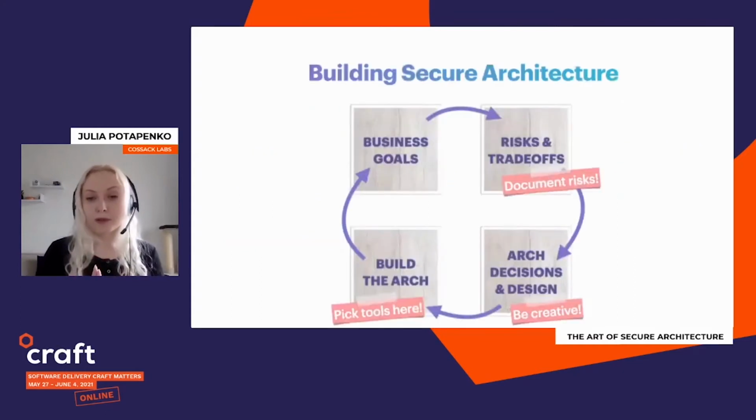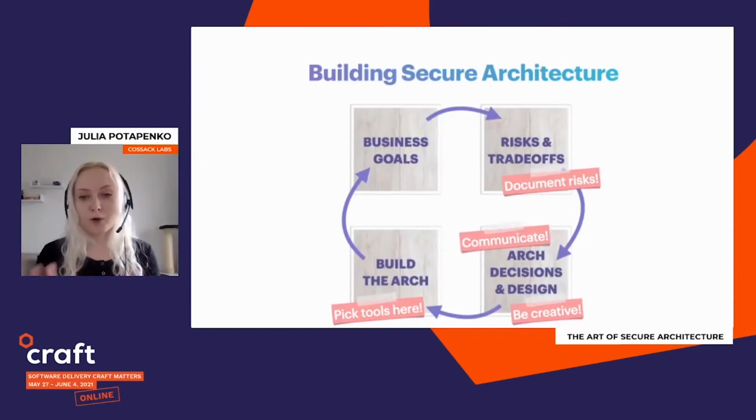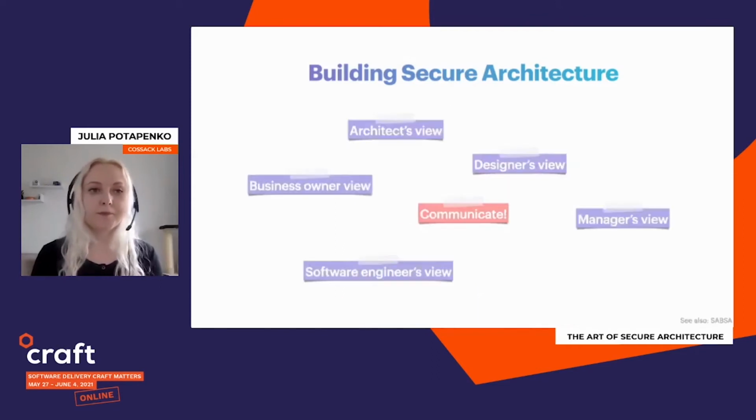There is one more thing I want to add here, and that is communication. I've placed it on architectural decisions, but actually it is relevant to all the steps. There are a lot of points of view around us, and you want to consider them when making decisions. All these people see your application from different angles.